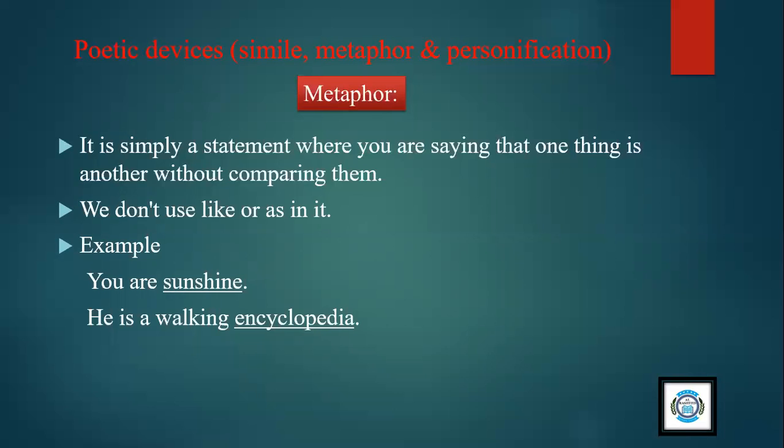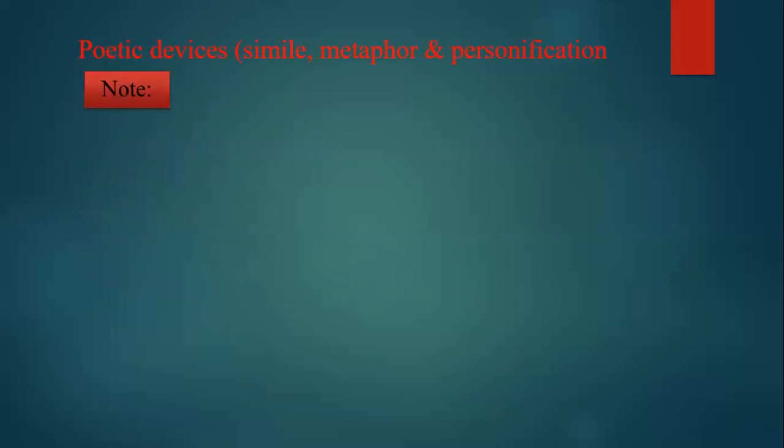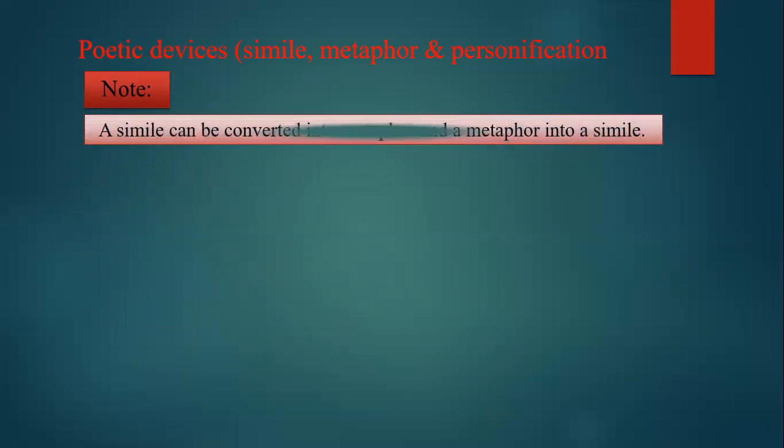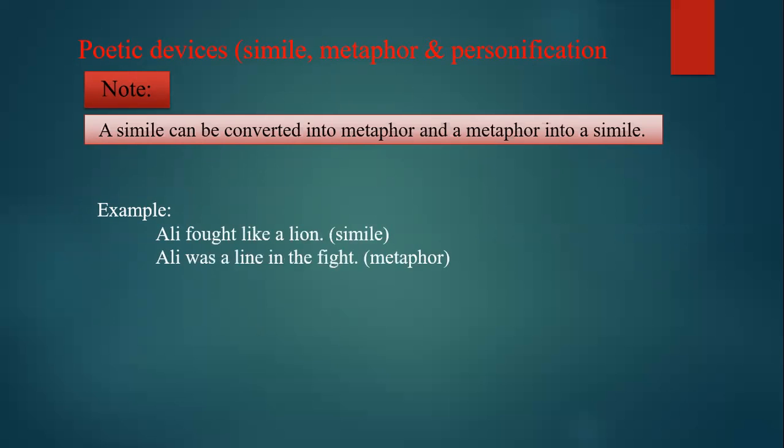Okay, so one important thing is that a simile can be converted into a metaphor and a metaphor into a simile. Okay, so here is the example. Ali fought like a lion. This is a simile, and we can write it in this way also.